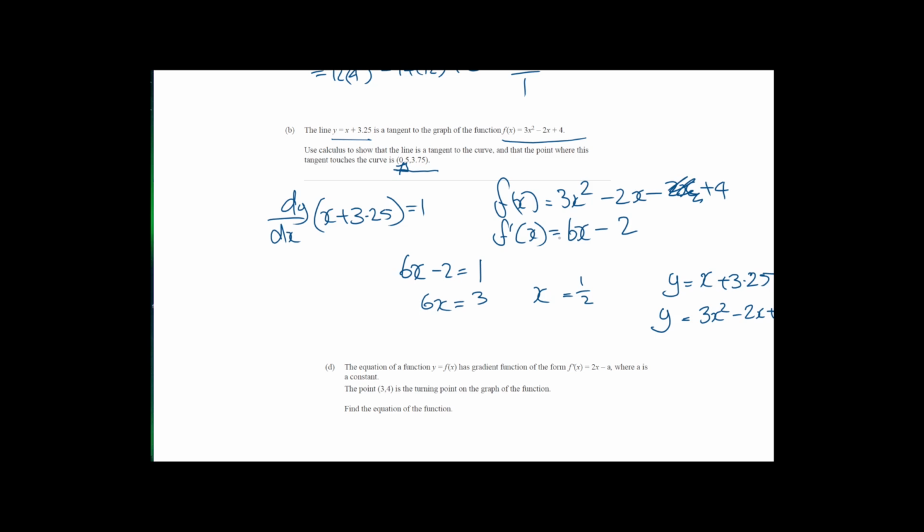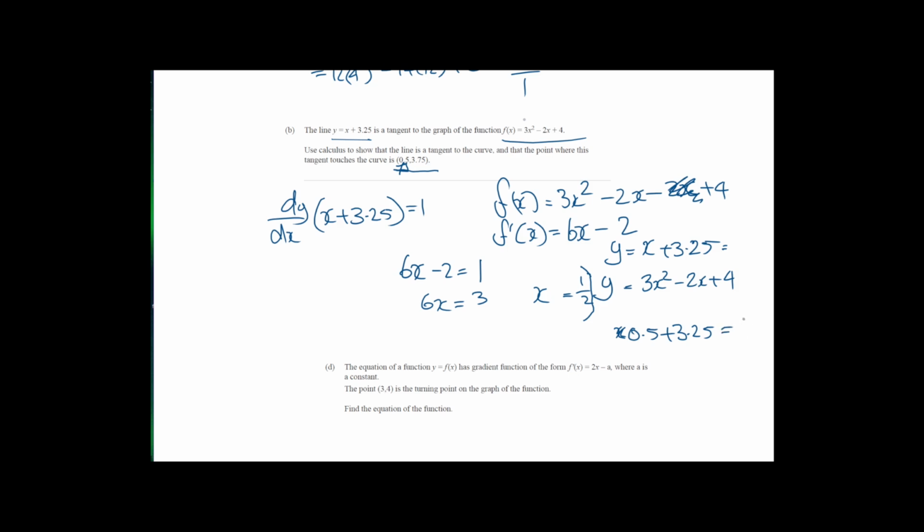Well, 0.5, let's kind of lasso this and bring it over. Let's do that and bring it over. So in other words, half plus 3.25.